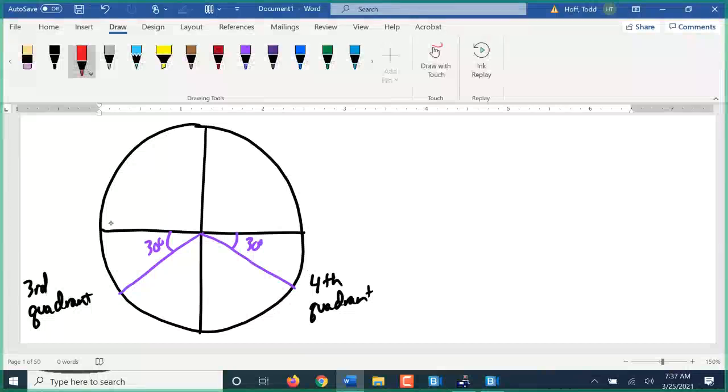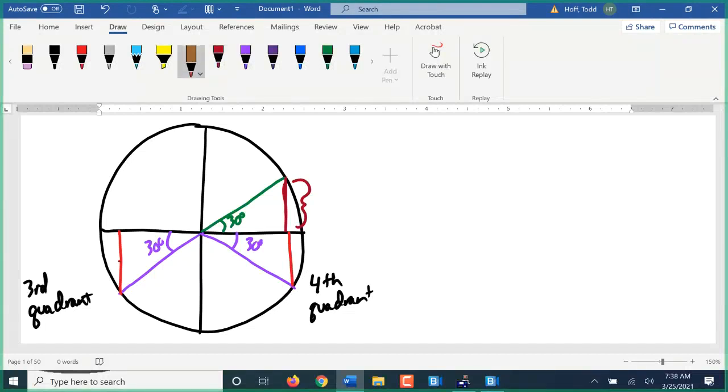Both of those will have sines that are still that same length. Now the difference here is if I compare that to my sine for a regular 30 degrees, this sine here, of course, is positive. It's above that reference axis. Down here, these sines are negative. They're below the reference axis.